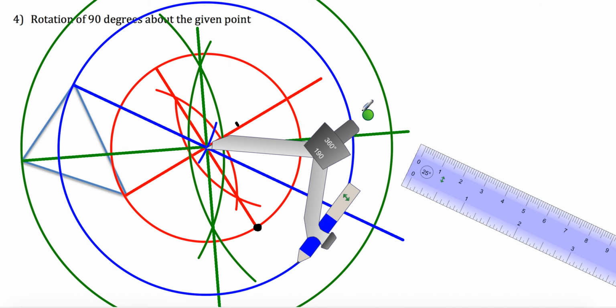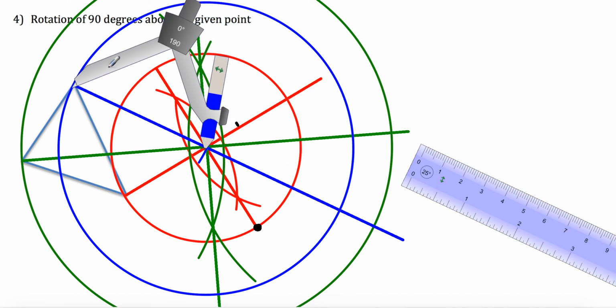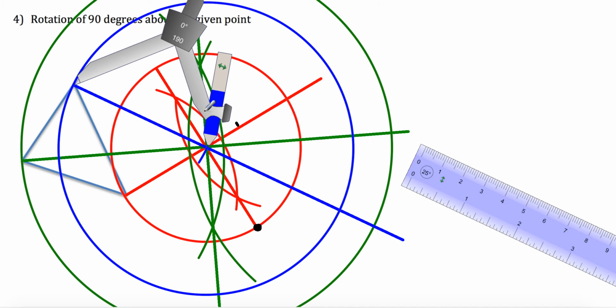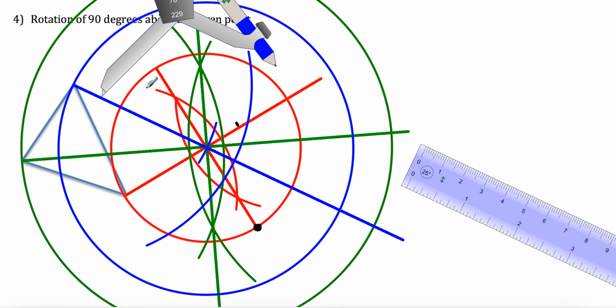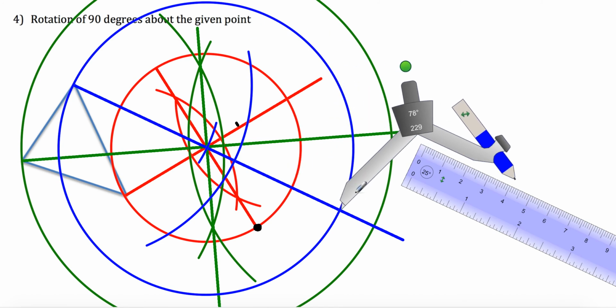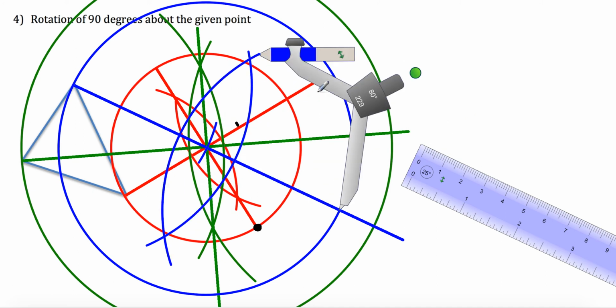Then from the blue circle, now I have to go more than halfway and draw an arc. Go over here. Draw another arc.